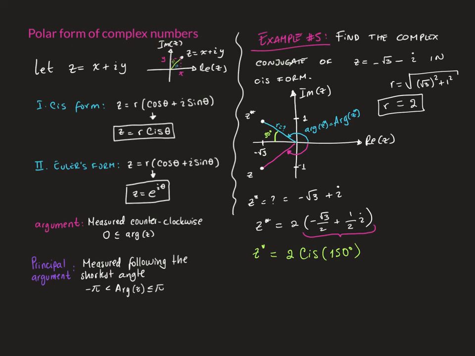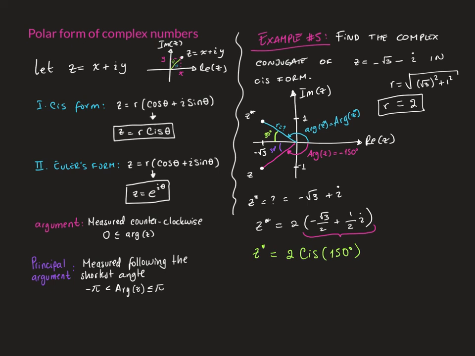In this case, because the z conjugate and z are a reflection of each other, then this angle is also going to be 30 degrees. So the principal argument of z is going to be also 150 degrees. However, because we're measuring clockwise, this is going to be negative.